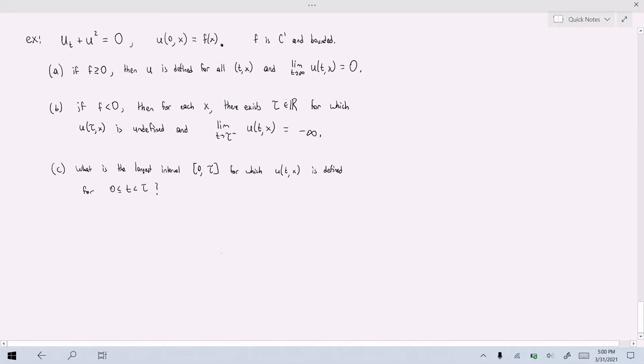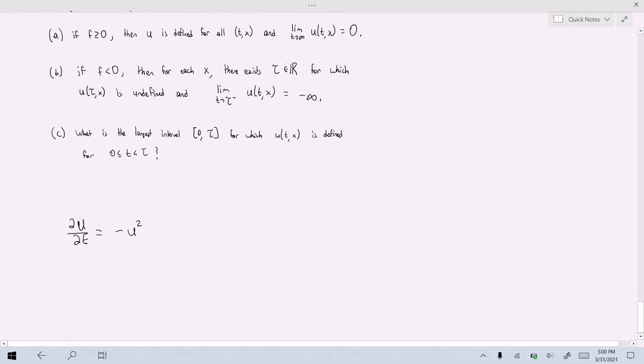So first, we can actually solve this PDE directly without doing anything particularly fancy. So from this PDE, let me rewrite it as partial of u with respect to t equals negative u squared. All right.